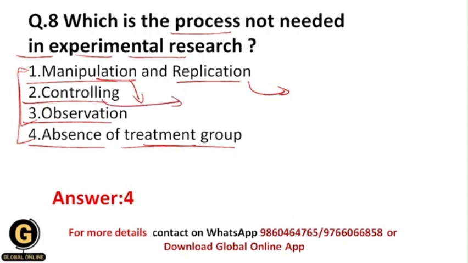Controlling means you are going to have control over all the aspects of the variables, apart from the variable which is under study. Then observation means you are going to observe the variables and the measurements, everything. So all of these processes are important in experimental research, and that's why the correct answer is 4.